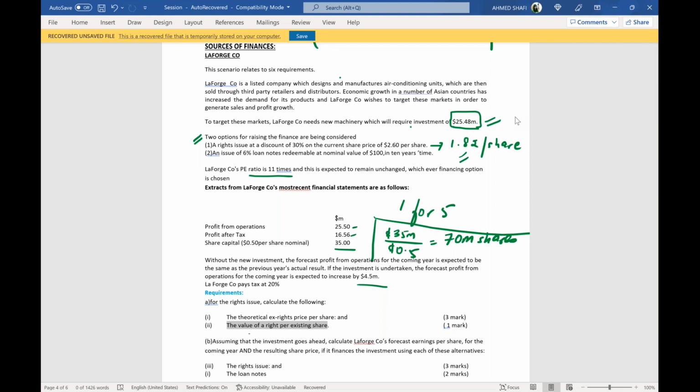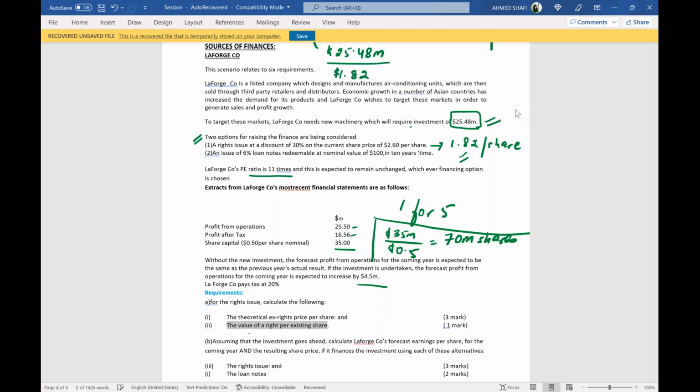Here is a very key thing: if the company plans to raise 25.48 million, and it will issue a rights issue at 30% less than the current share price, that's 1.82.